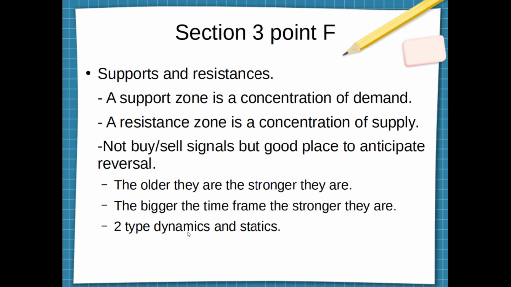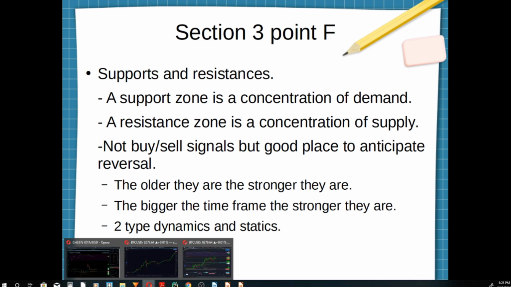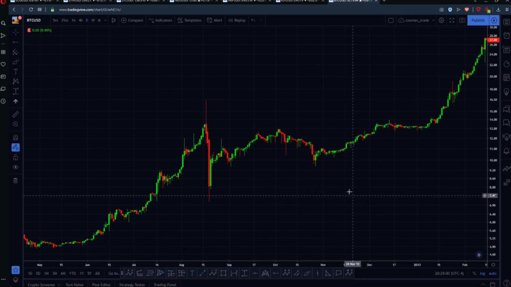Some of them are dynamic and some of them are static. Now we're gonna essentially talk about static support and resistance, and then in part 2 we're gonna go through the dynamic type of support and resistance, which we find using some technical analysis tools or indicators. Okay, let's go to the chart and start.